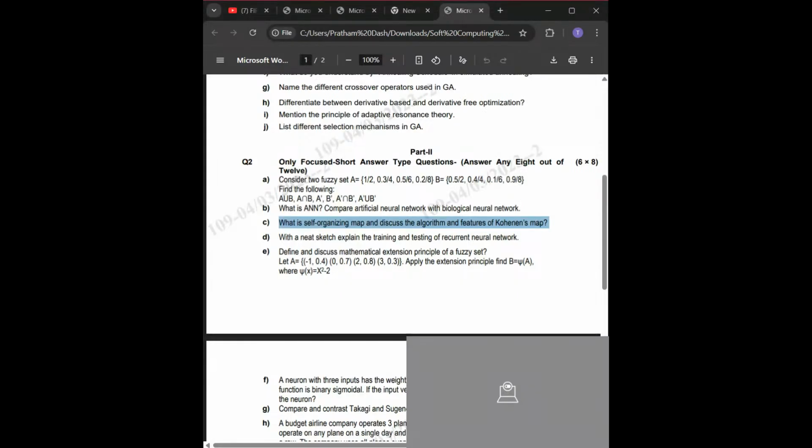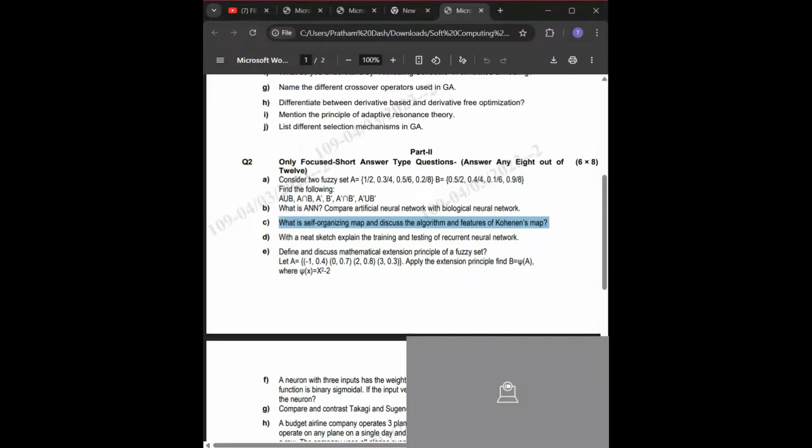So, self-organizing map. It is an unsupervised neural network used for clustering and visualization of high-dimensional data. It basically works like the reproductive system when a male sperm enters the female's ovulatory system.